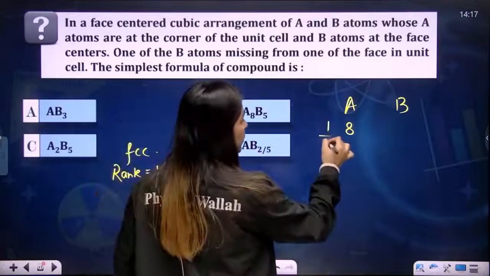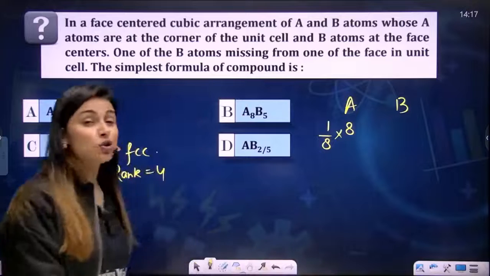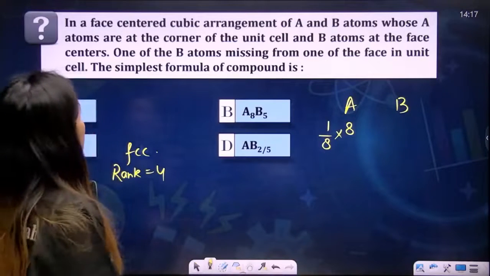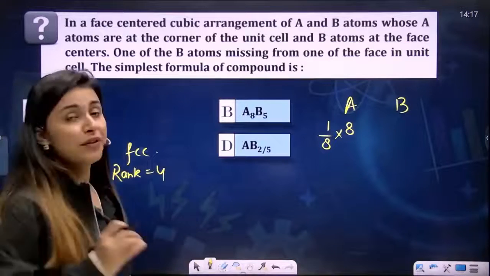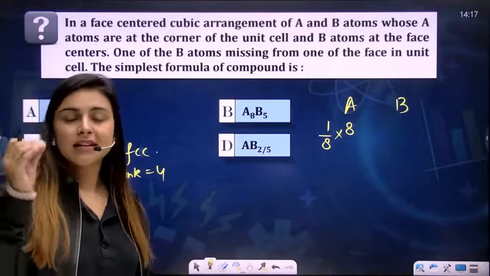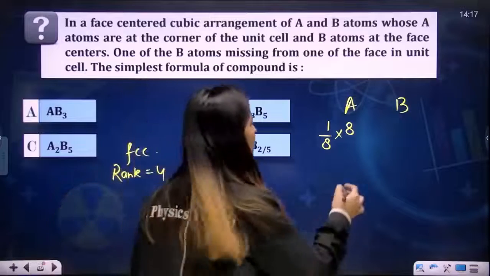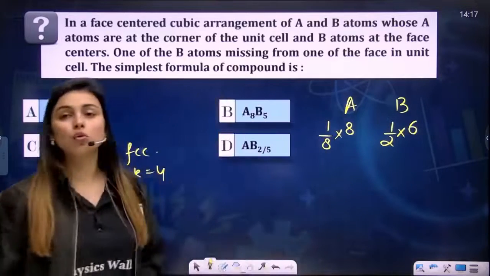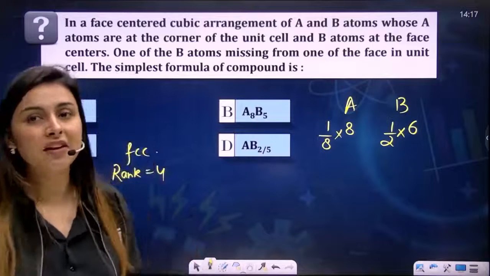So can I say that 1/8 of 8 is the actual A atoms present? Till now, what I know, right? And B atoms are present at the face centers. The contribution at face is 1/2, and the total number of faces are 6. So 1/2 into 6 atoms of B have been used.